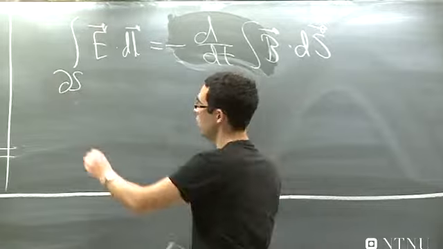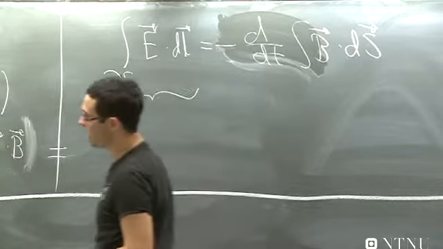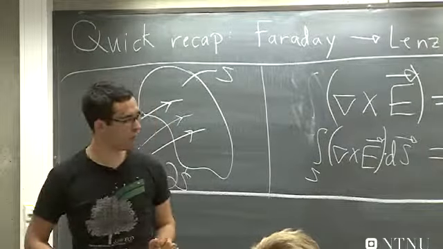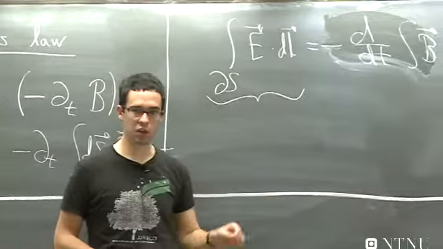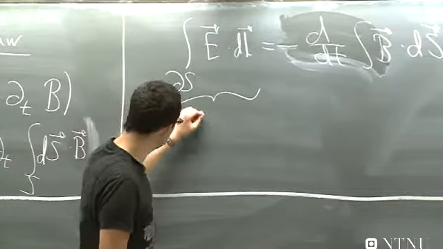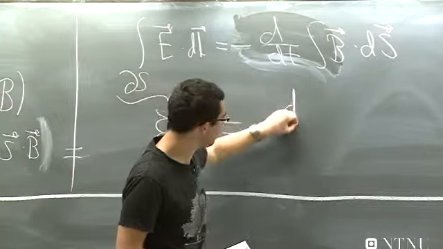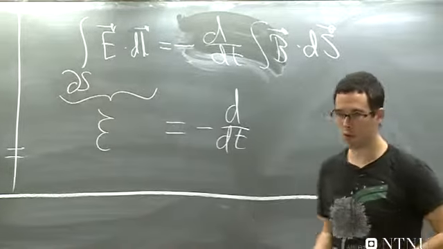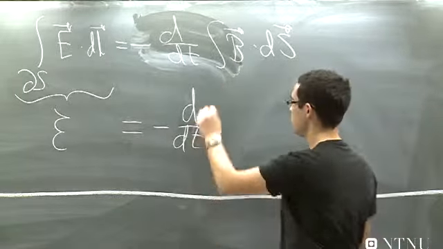And now I'll call this the electromotive force. So if I put a wire around here, there's going to be charges that can move due to this electric field. And then this is essentially the voltage that makes it move. So I'll call this big epsilon. And now we've shown that it's equal to the time derivative of the total magnetic flux through the surface S.